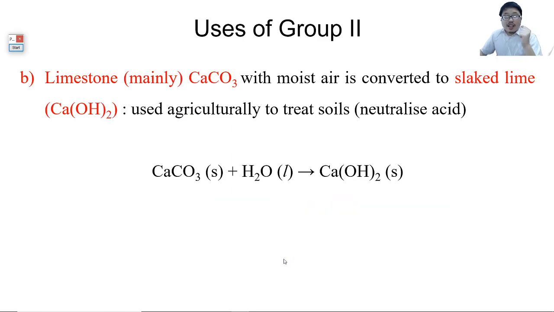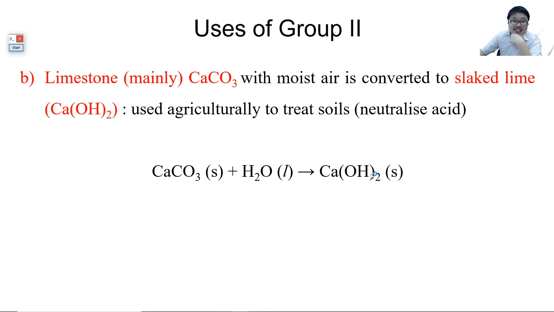Another way that we often use this limestone is to add water, and we form what we call slaked lime, calcium hydroxide. If we dissolve calcium hydroxide in water, you know what we get? Lime water. So lime water is actually aqueous calcium hydroxide.